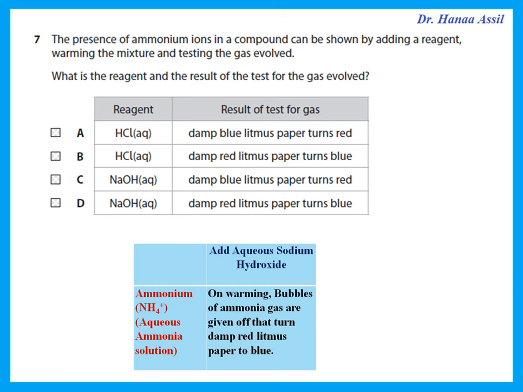So my answer is C or D. And we said if I'm testing for ammonium, we add aqueous sodium hydroxide. On warming, we get bubbles of ammonia gas that turn what? Damp red litmus to blue. Remember, ammonia gas is alkaline, so it will change red litmus to blue.